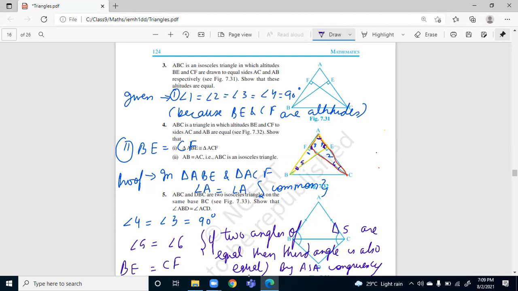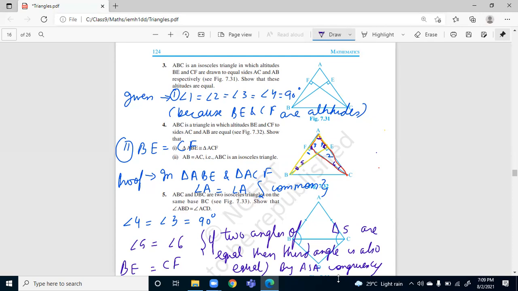Okay, ma'am. So why have I converted it into ASA? Because if two angles are equal, then definitely the third angle will also be equal. So just to include the side, I go to the third angle. So you can say by ASA congruency rule, these two triangles are congruent.